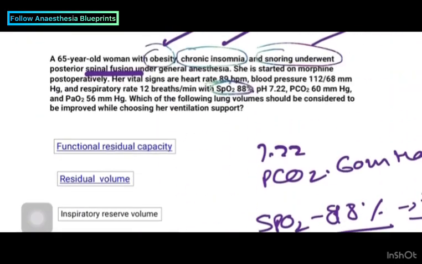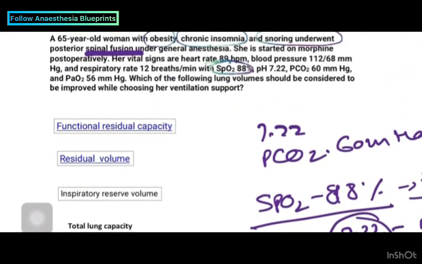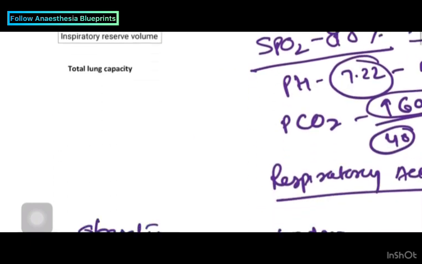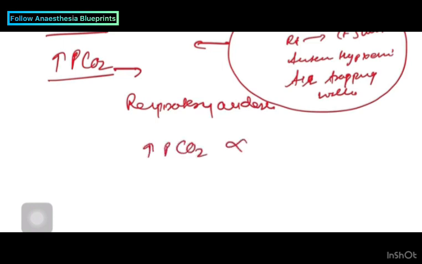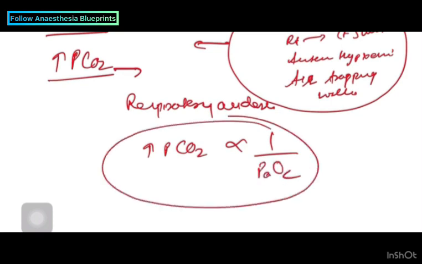See, PCO2 is 60 and PO2 is 56. So finally, increasing PCO2 will lead to respiratory acidosis. Due to the alveolar gas equation, increasing PCO2 is inversely proportional to PaO2. Increasing PCO2 will lead to hypoxia.